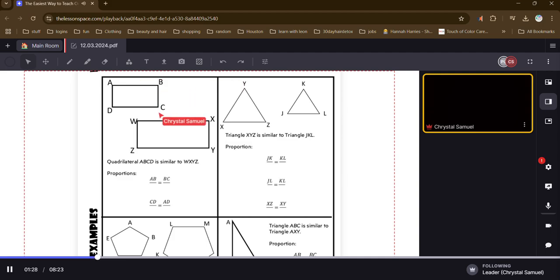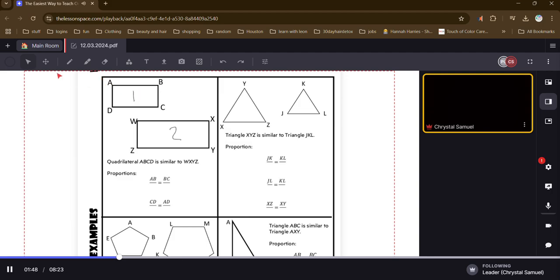As yesterday, I am going to label them so you can see. So I have shape 1 and shape 2. I'm also going to go ahead and highlight all my sides. Again, you may choose to or not to. That is your choice.